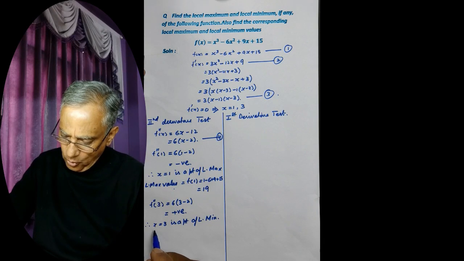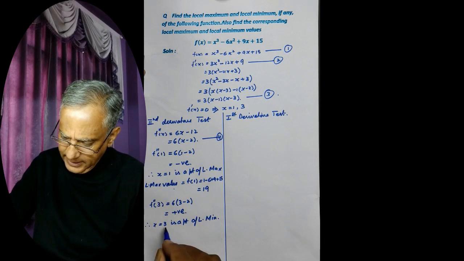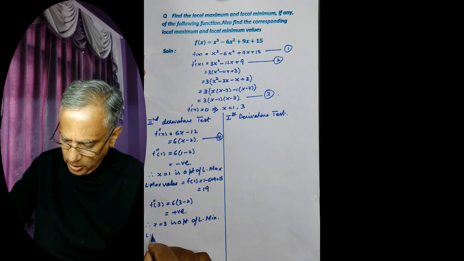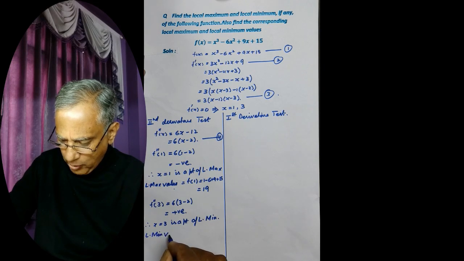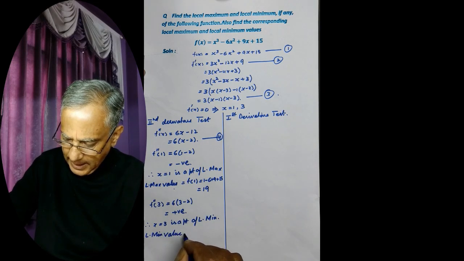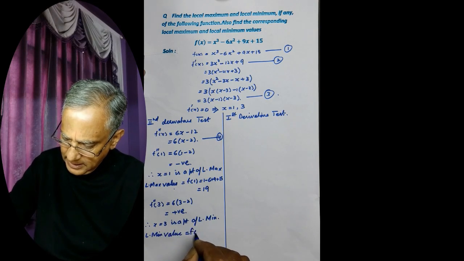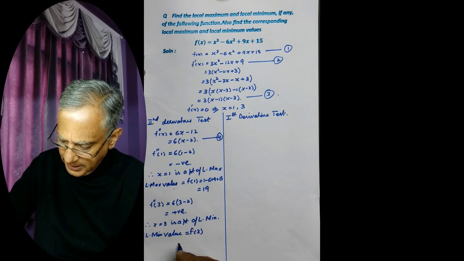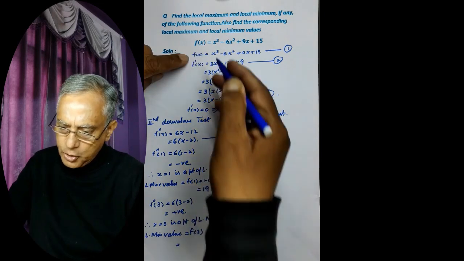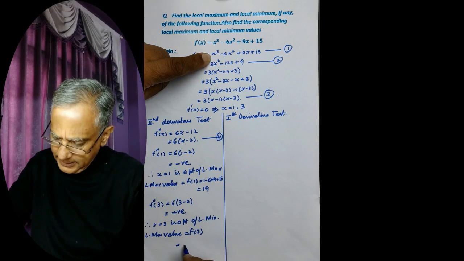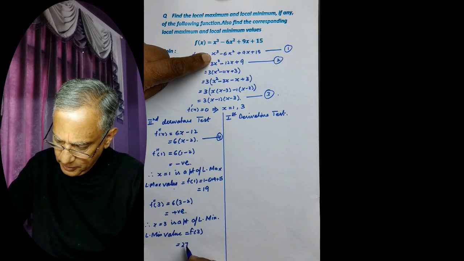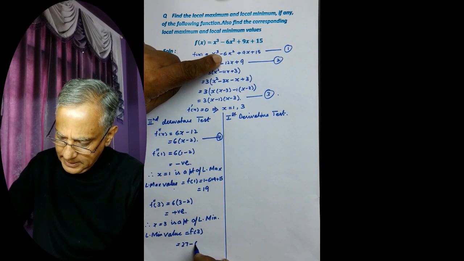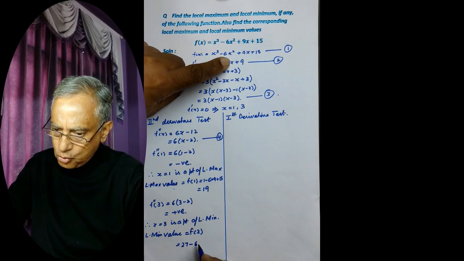Now we find the local minimum value at this point. So local minimum value at x equal to 3 is f of 3, and this is equal to, substitute here. So 3 3s are 9, 3 9s are 27. 27 minus 6 into 3 square.